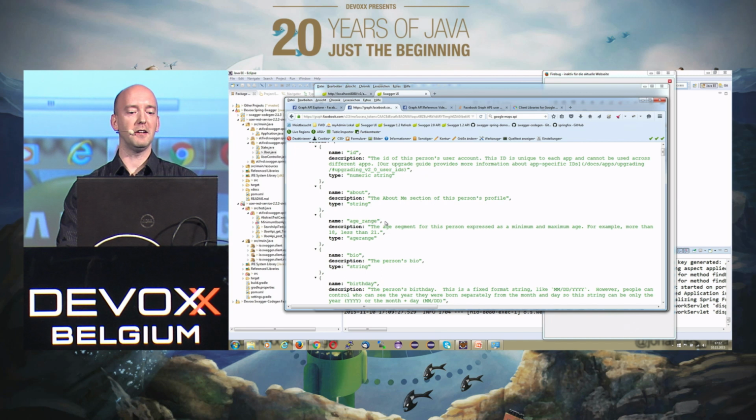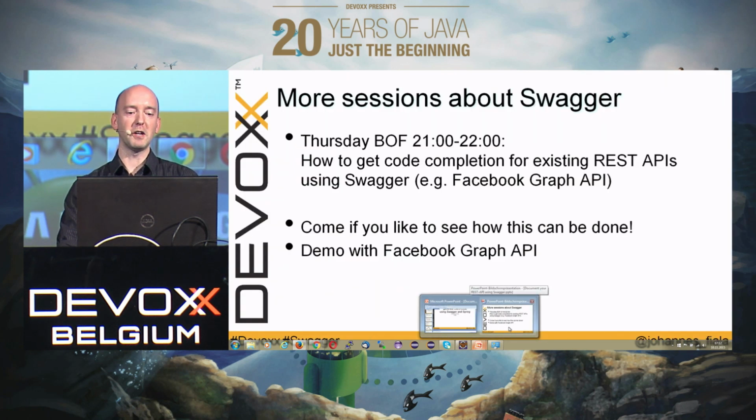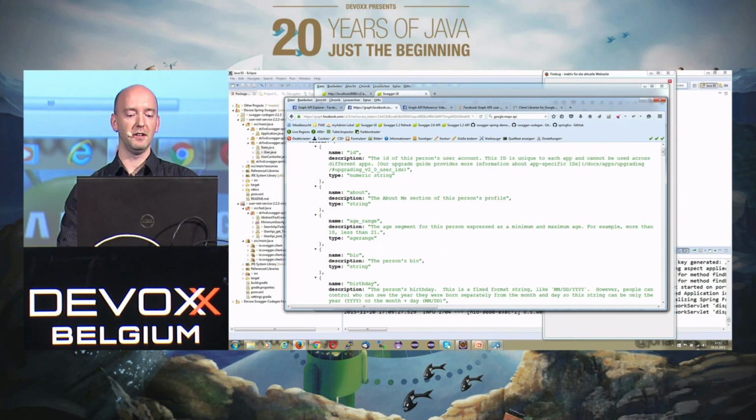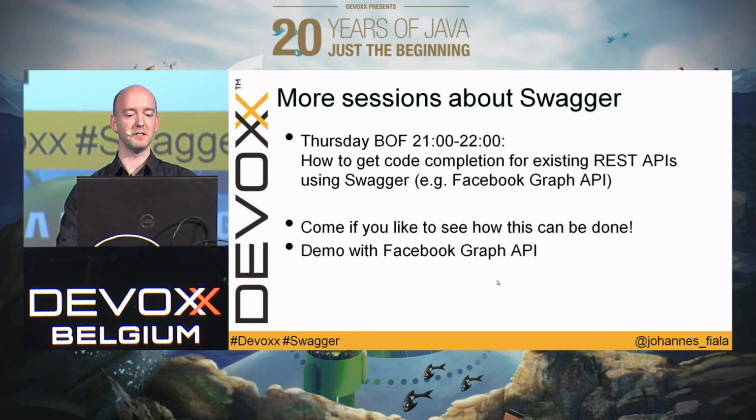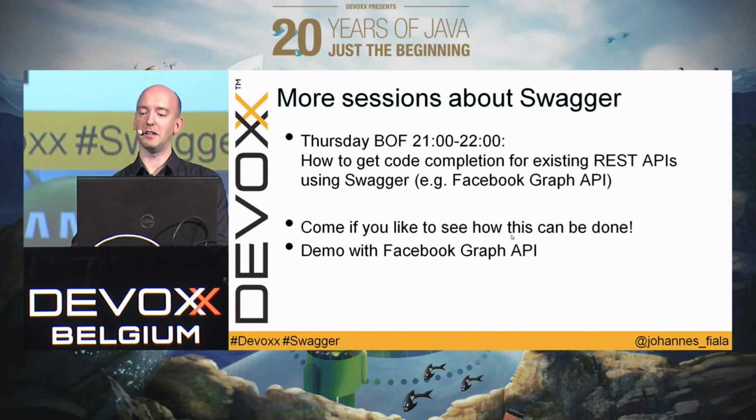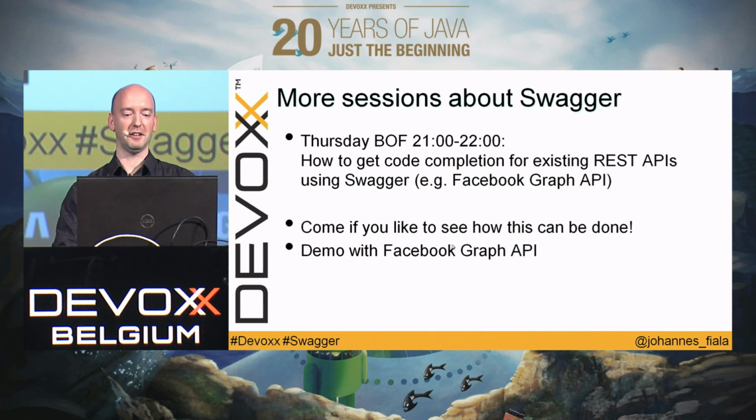And if you have another API you would like to try this with, you can also come to my session, and maybe we can take a look at it and figure out how you can use Swagger-Codegen to generate the client stubs from this. So this would be really nice. And yeah, you can also send me a message using Twitter or the question application if you have an API you are interested in, so I can prepare for this.